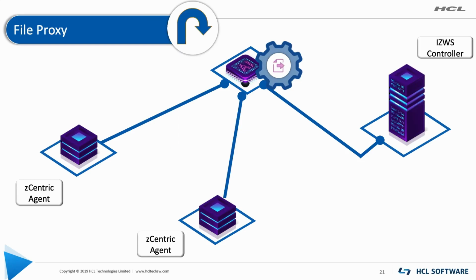When the file transfer job submitted by the controller arrives at its target Z-centric agent, if it is an agent-to-agent file transfer, the agent will contact the file proxy so that the file transfer is executed directly between the two agents. So no data goes through the controller, and there is no overhead on the engine part. Everything happens directly between the agents and the file proxy.